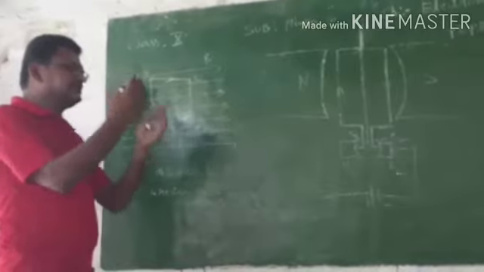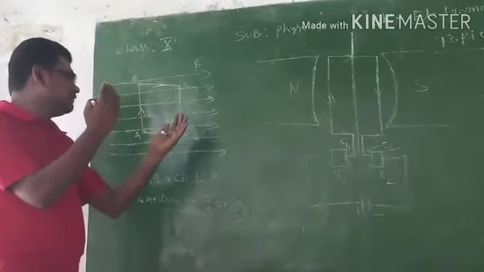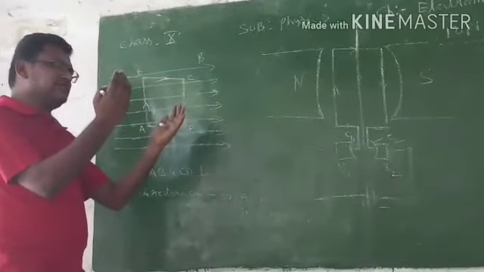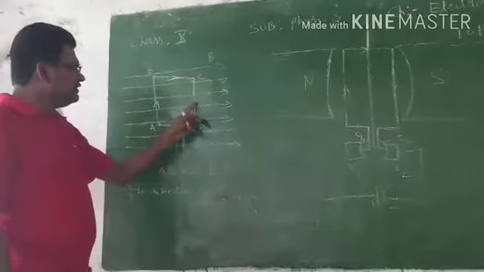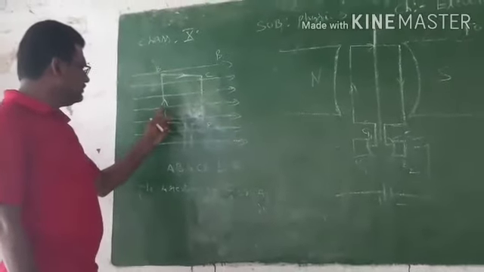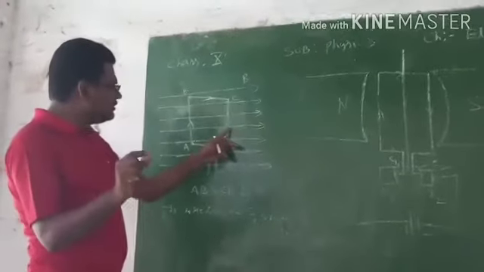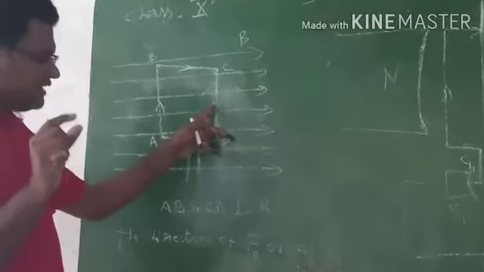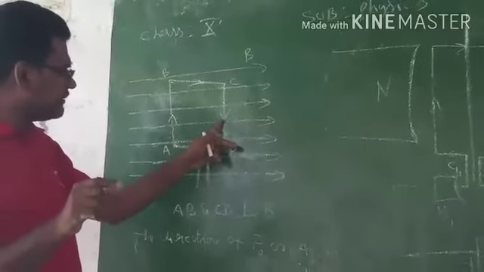That means it comes to the vertical position, and because of inertia, it rotates further. As this side reaches here and this side reaches here, still the direction of current in these two wires is in the same direction.